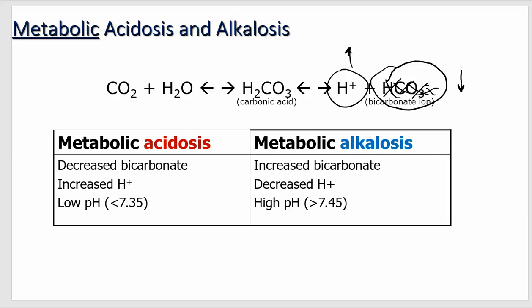So that's metabolic acidosis. Metabolic alkalosis, increased bicarbonate. When we see more bicarbonate, it is going to bind with the hydrogen, and the hydrogen is going to decrease, and that's what's going to raise our pH.